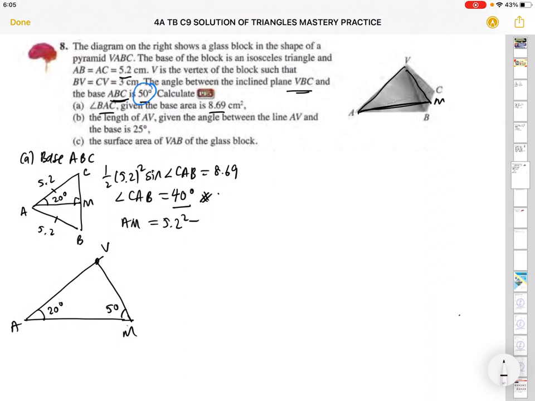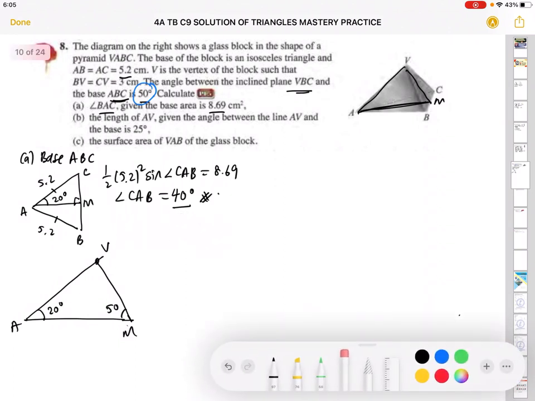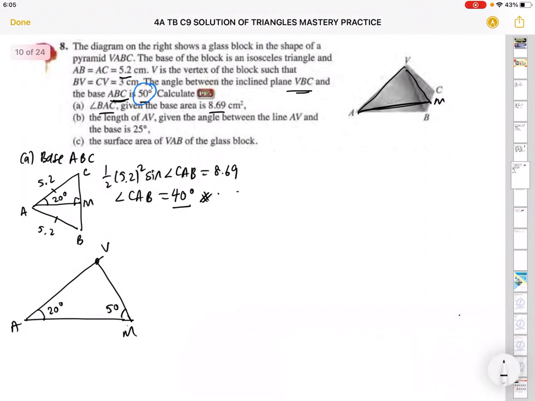No, you don't use Pythagoras. Use SOHCAHTOA, use cos. Cos 20 is AM divided by 5.2.